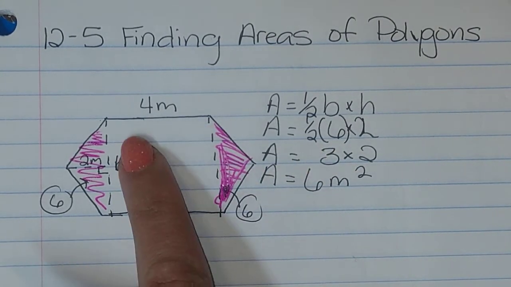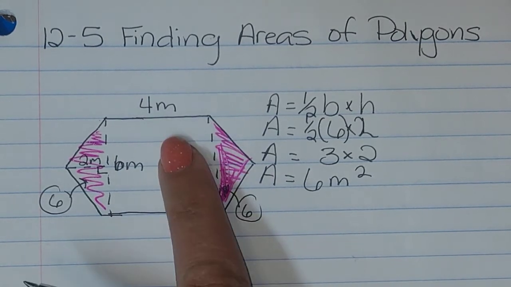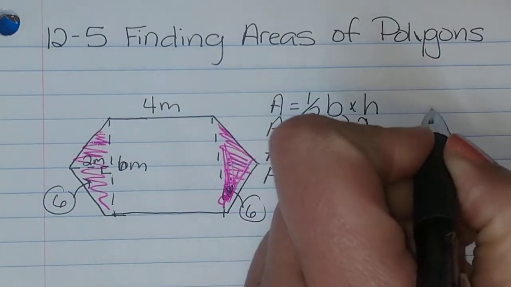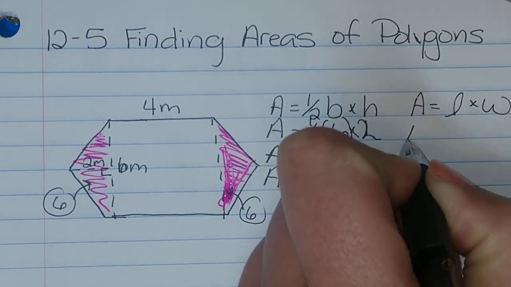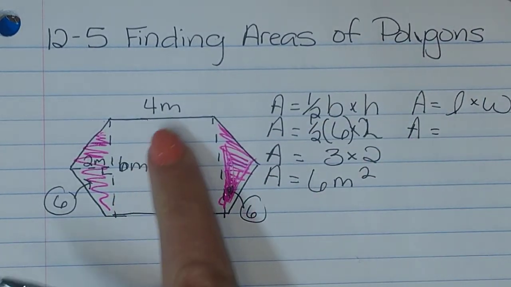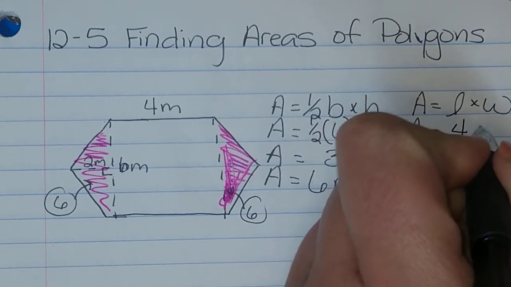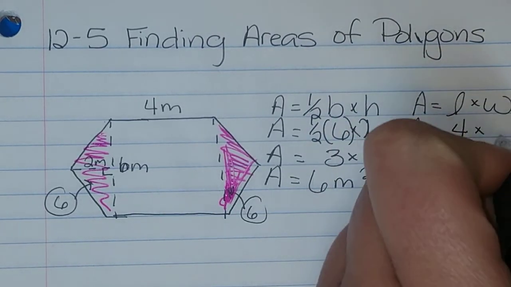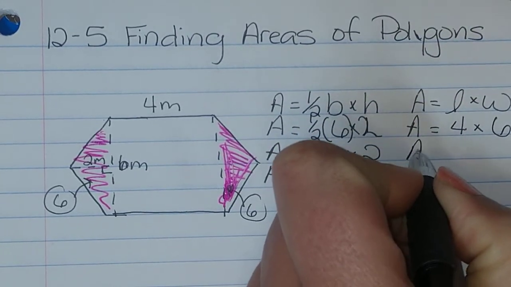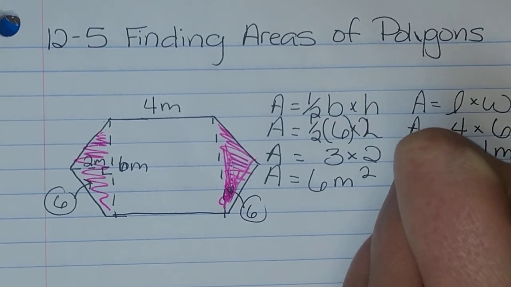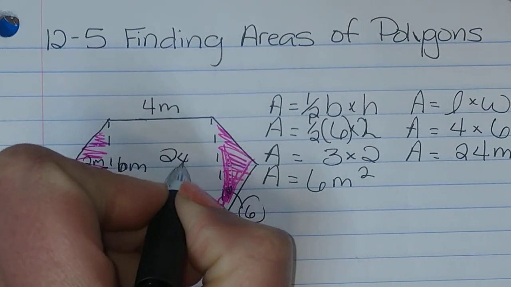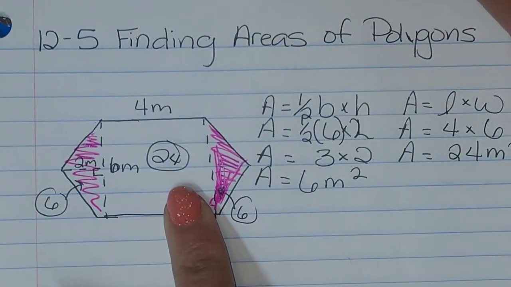Next, I know that my area of a rectangle is length times width. Area equals length times width. I don't know the area yet, but I do know my length is 4, and my width is 6. My area is going to equal 24 meters squared. So I'll put a little 24 and circle it.